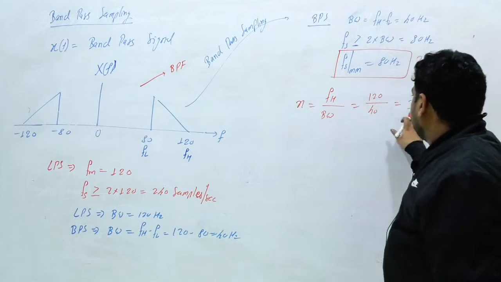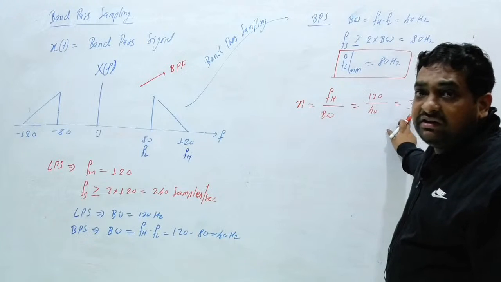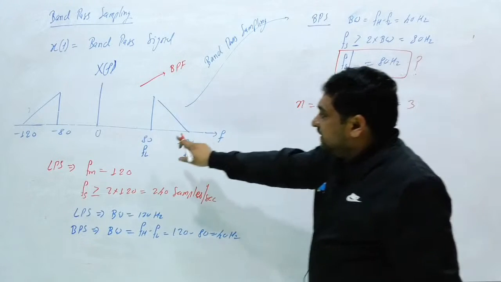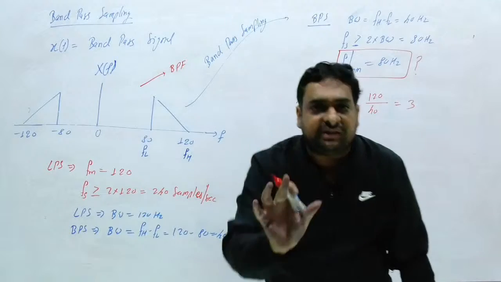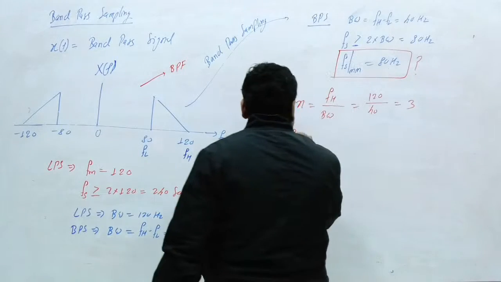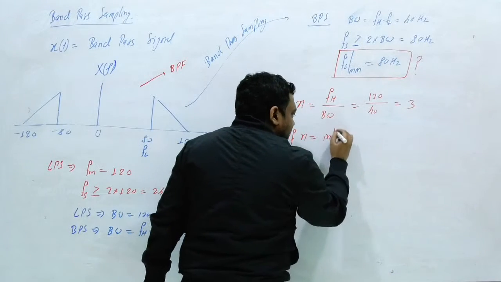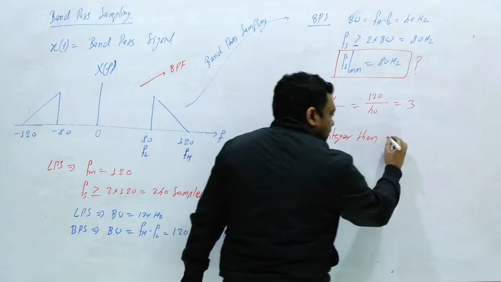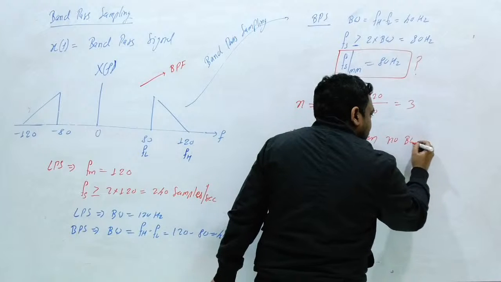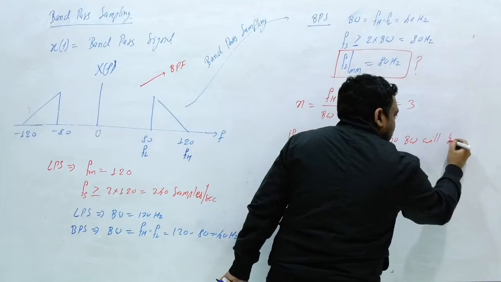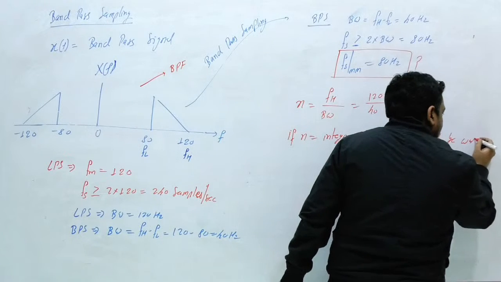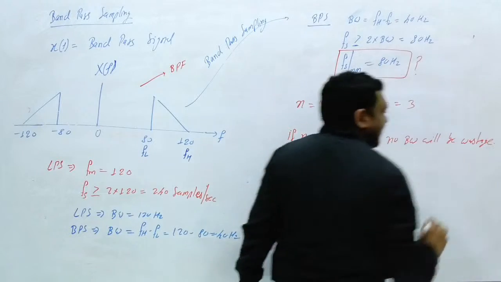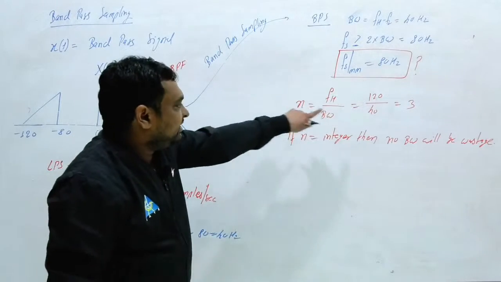If this n is an integer, it means no space will be wasted. So I can say if n is equal to an integer, then no bandwidth will be wasted.